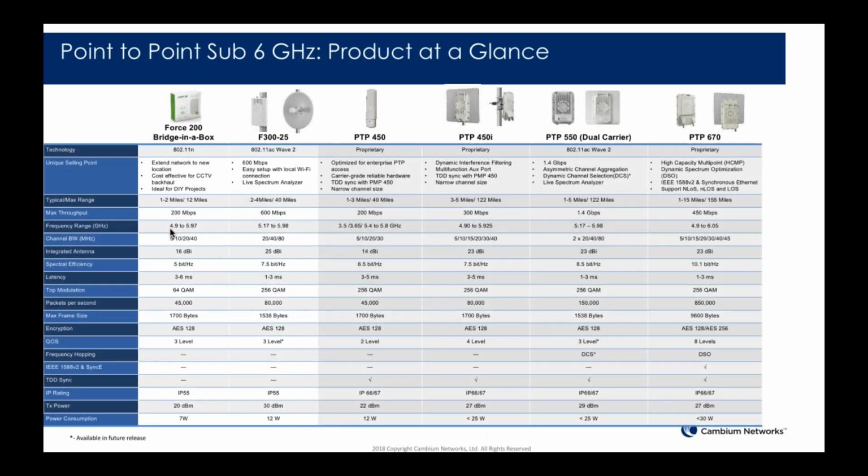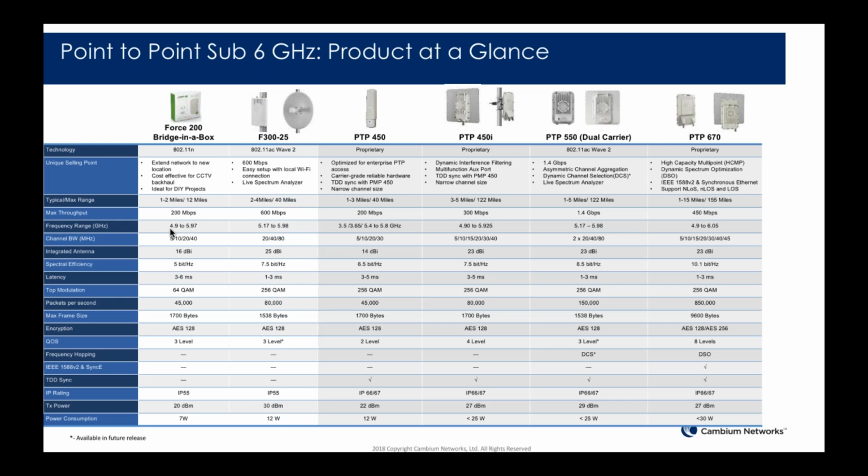Okay, so what other products do we have right now in the ePMP product line and in Cambium in general? First of all, the point-to-point portfolio, which we filled with our ePMP products.